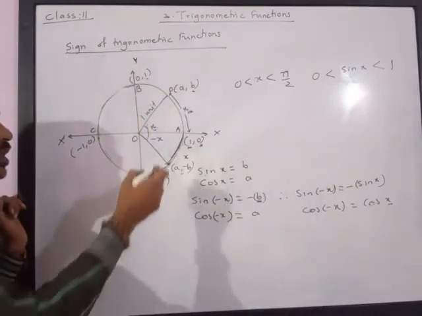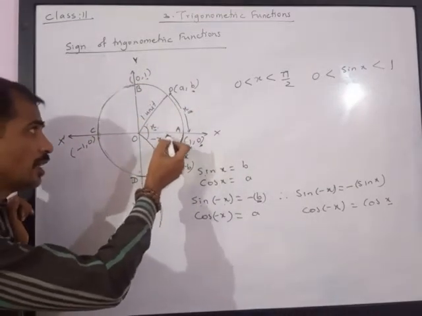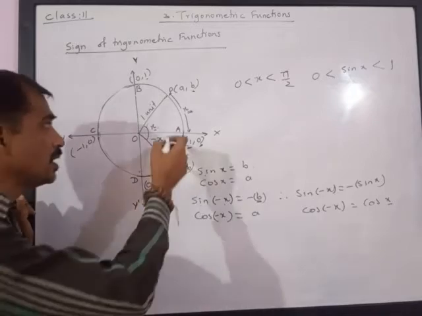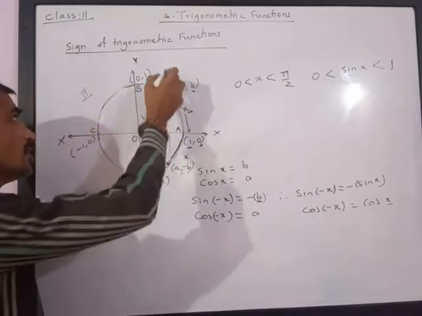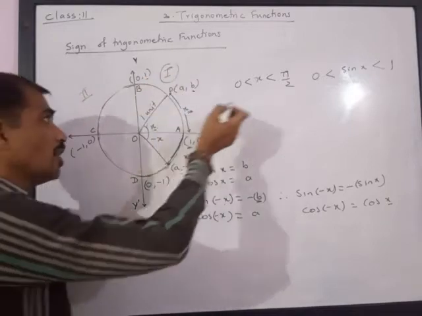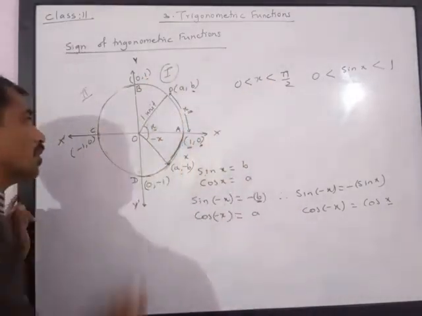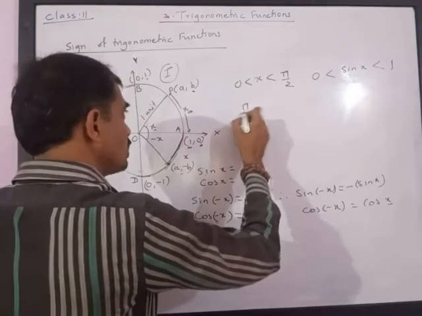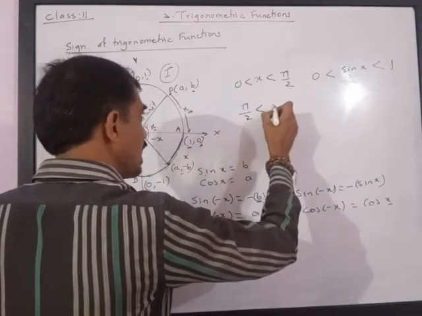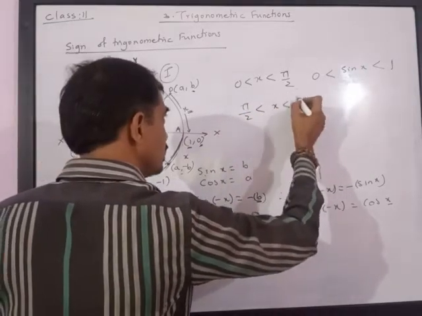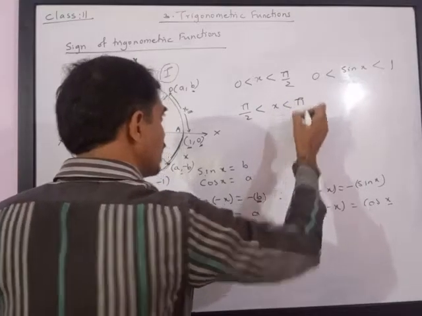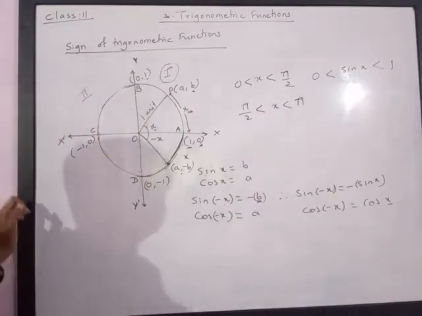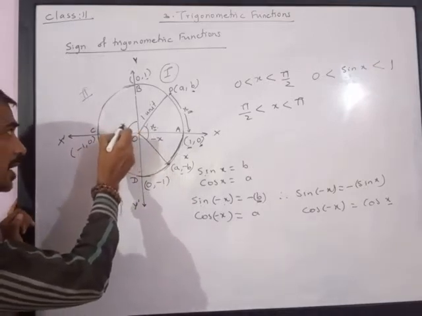Now let us take the second quadrant. This is the first quadrant, where x is from 0 to pi by 2. Now if pi by 2 is less than x is less than pi, that is 180 degrees, then x lies in the second quadrant.